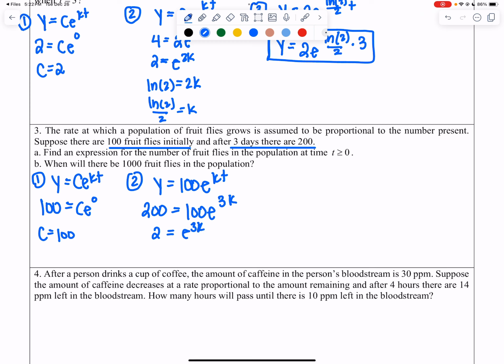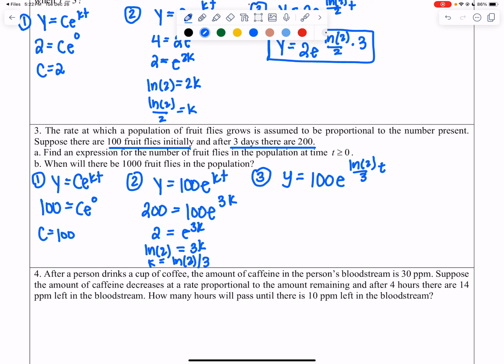I'm going to take the ln of both sides, so now I have ln of 2 is equal to 3k. Divide by 3, and I have ln of 2 divided by 3, and that's k. Which means that for part A, my equation is going to be y is equal to 100 e to the ln 2 over 3 times t.